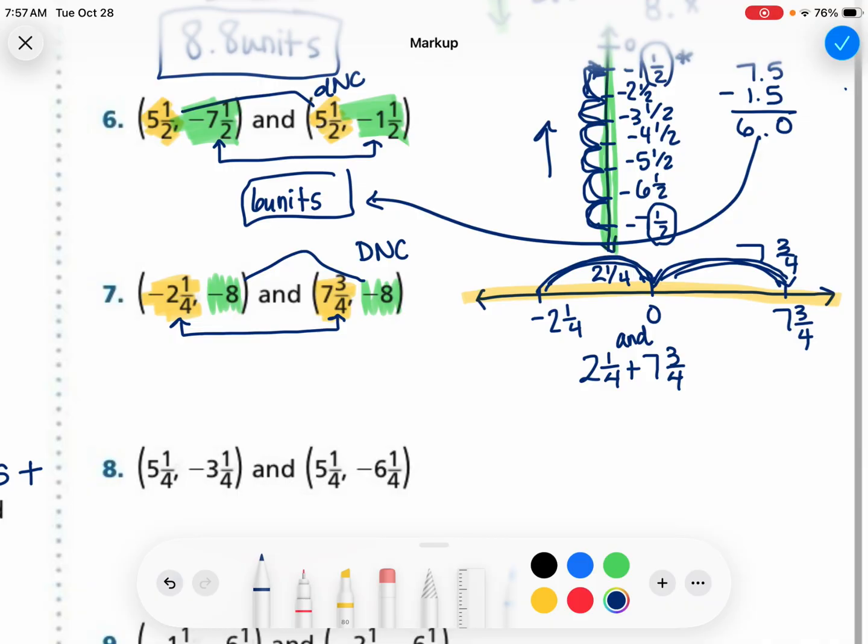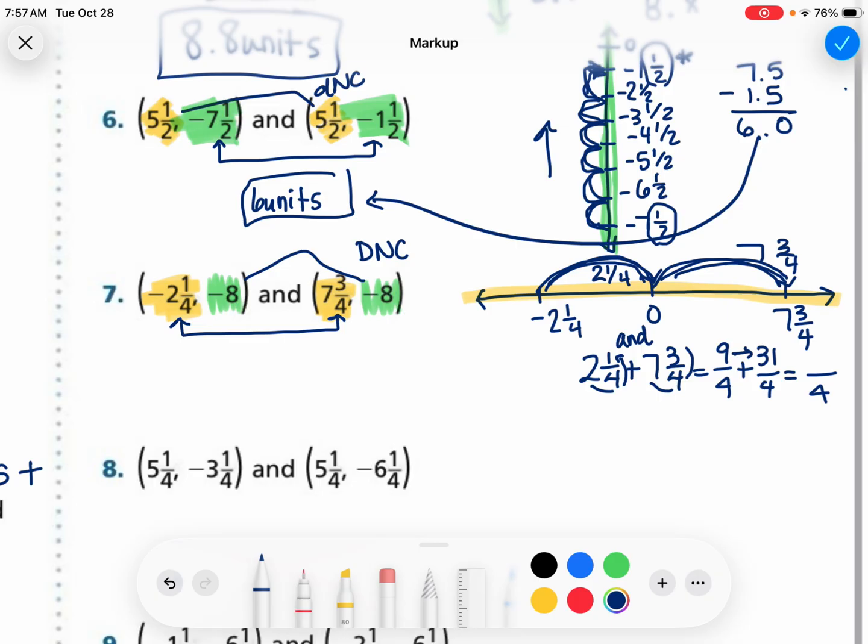So, how do I add? Well, it already has a common denominator. I can go ahead and convert to improper. Remember, 2 times 4 is 8 plus 1 is 9/4. 7 times 4 is 28 plus 3, 31/4. Remember, with fractions, my denominator stays the same, common denominator.